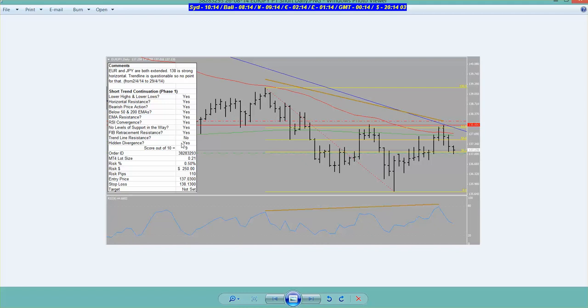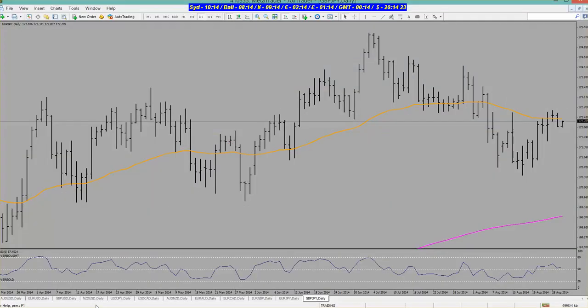Trendline resistance. Same way. What's this? Where that blue line is. Two of those here. Pushing out. Target not set. Yeah, look, I took this trade as well.